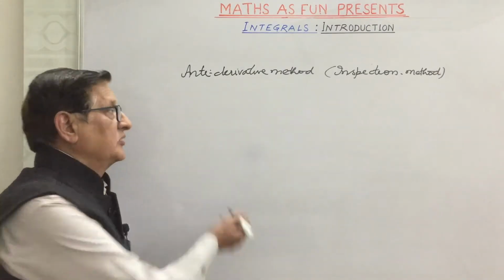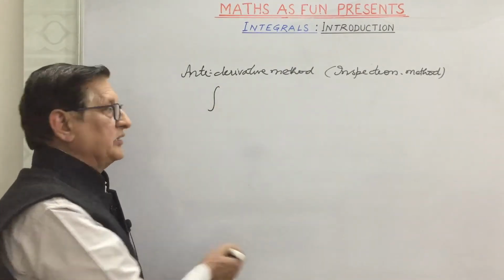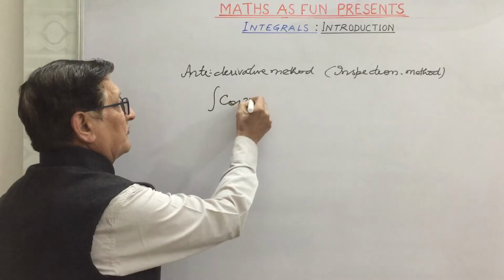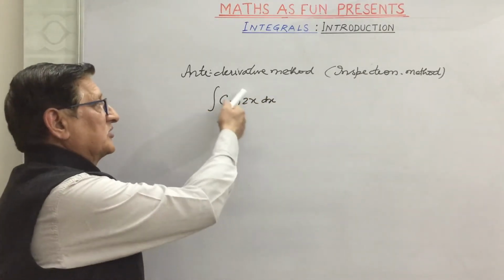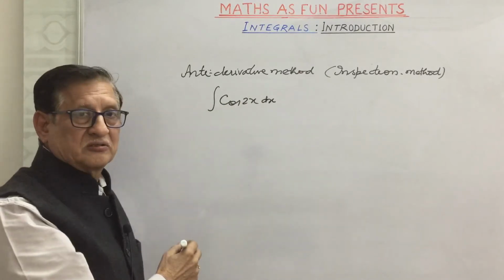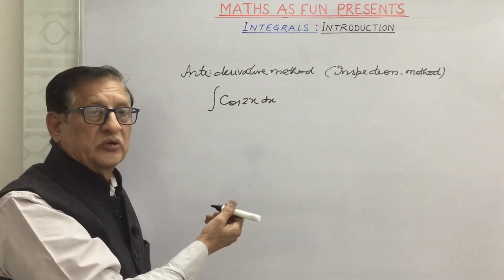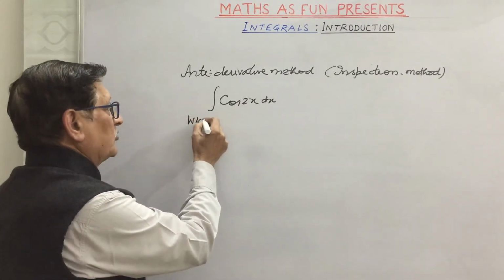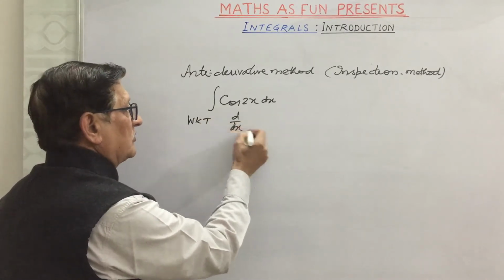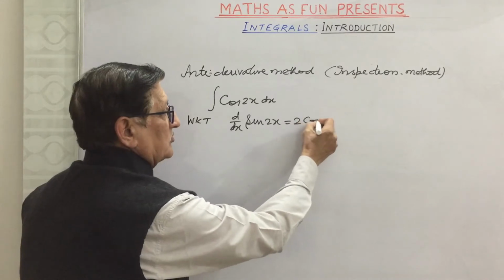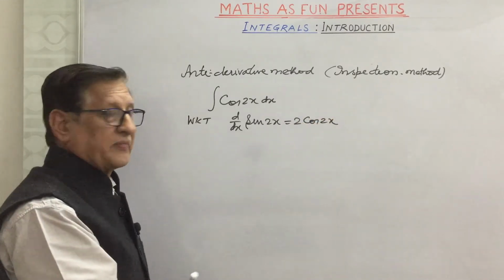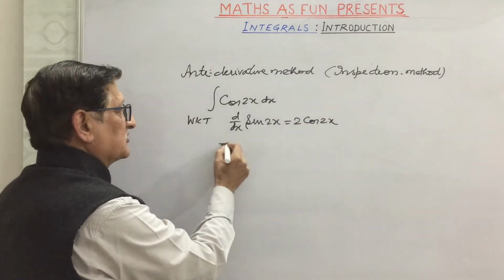One more example, suppose we want to find the integral of cos of 2x dx. We should know what is the function whose derivative is cos 2x, and that we can find from sin 2x. We know that d by dx of sin 2x is equal to 2 cos of 2x. This 2 again we can transpose to this side.